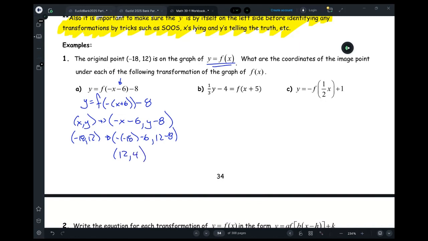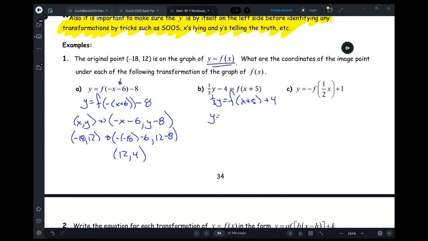Okay, I'm just going to double check. Yeah. Now here, the x is not a problem. It's just a horizontal translation 5 to the left here. But what's going on with the y? Well, what I might do is bring over that 4. So it looks like this. So I'm going to add 4. But here's the thing. That looks right now like it's 4 up. But it isn't, because what I have to do now is multiply that 3.